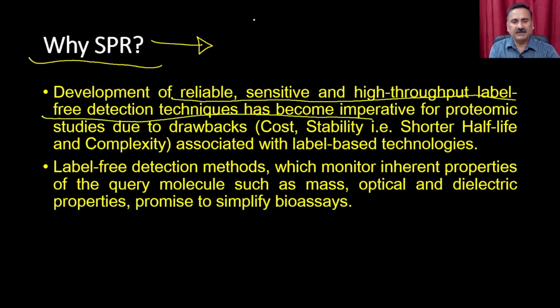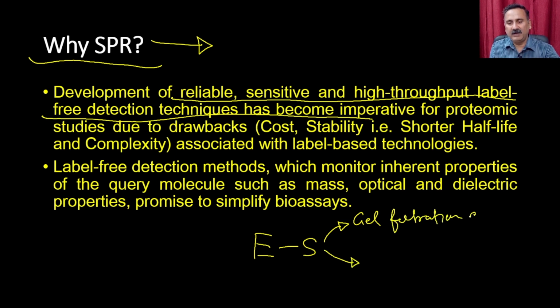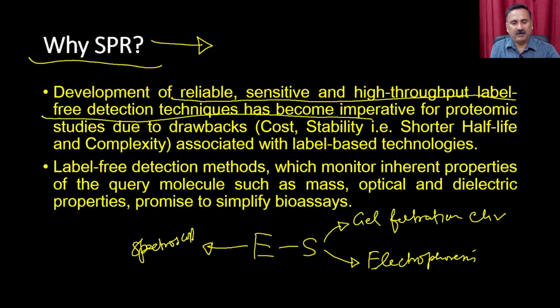So far, what we have discussed is that when the enzyme interacts with the substrate, this interaction can be mapped by gel filtration chromatography, by electrophoresis, measured by spectroscopy, by ITC, and also by other kinds of chromatography techniques. The majority of these techniques, except ITC, give you qualitative data.